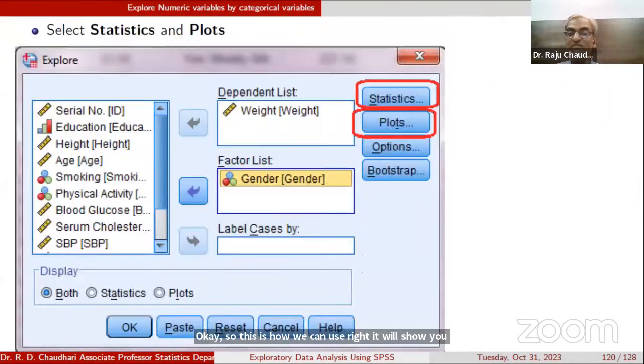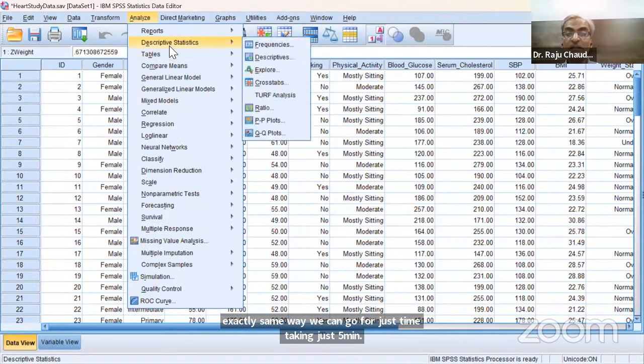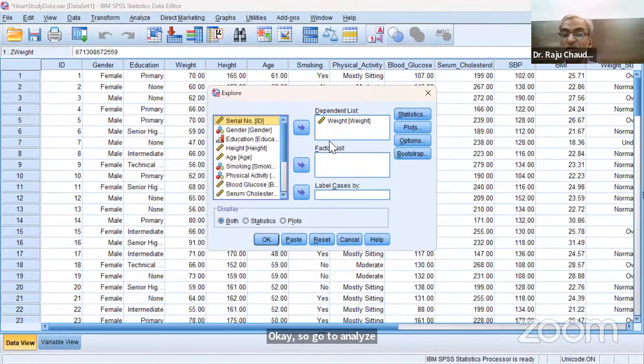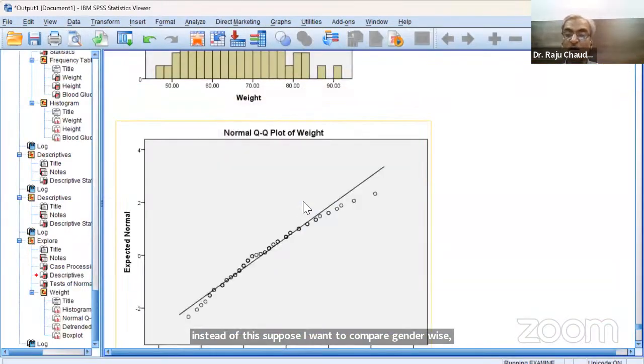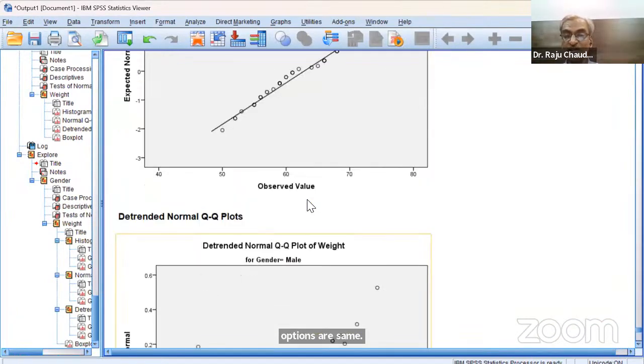And exactly the same way, I am taking just 5 minutes. Go to Analyze, then Descriptive, Explore. Now, suppose I want to compare gender-wise. I can use gender as a factor and all other options are the same. So we get all these things. Look at this.